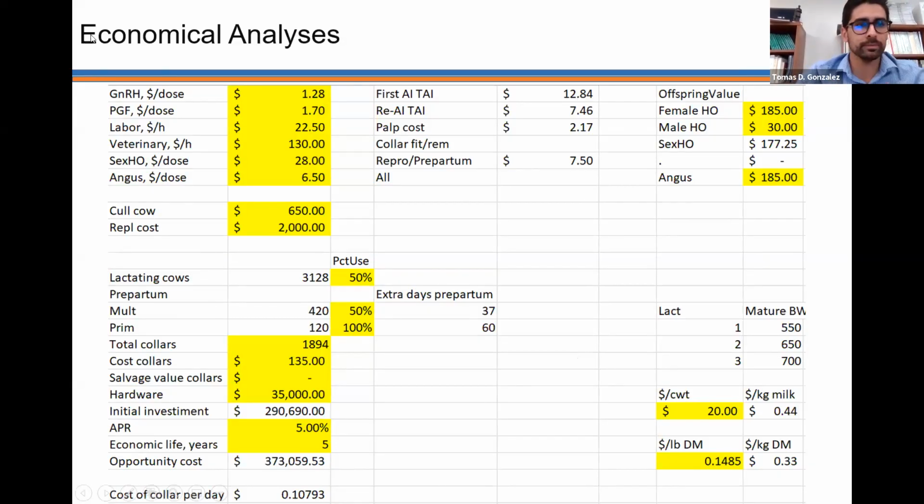So the different things we can see are around the shots, how much is the shot, how much is the prostaglandin for different shots, how is the first service, the cost of veterinary, the doses of the semen, the replacements, that's the most that takes the money of the farm, and the collars, how much you save. And if you see the milk production and different aspects, there is no difference between having the system or not.